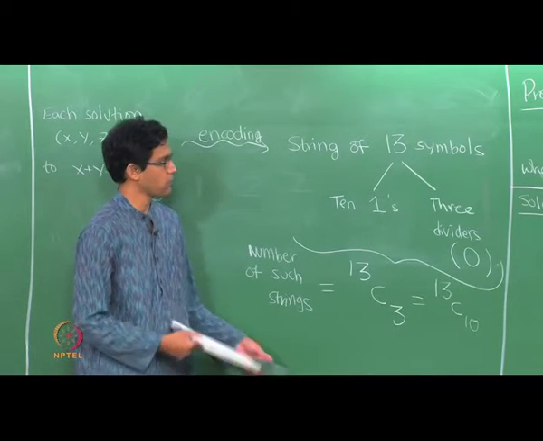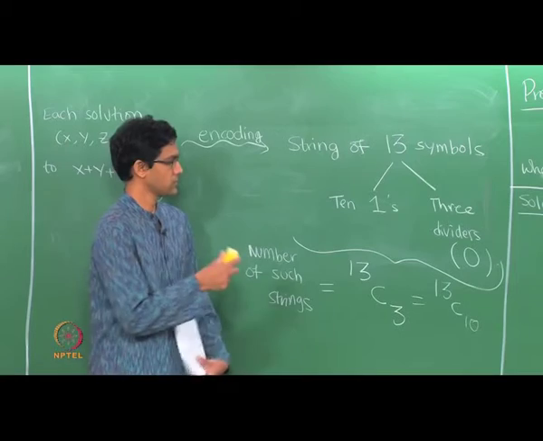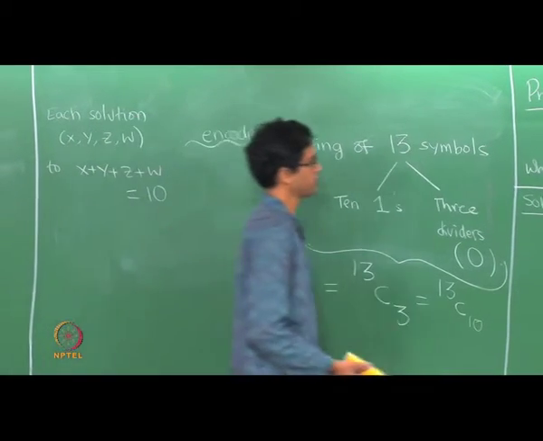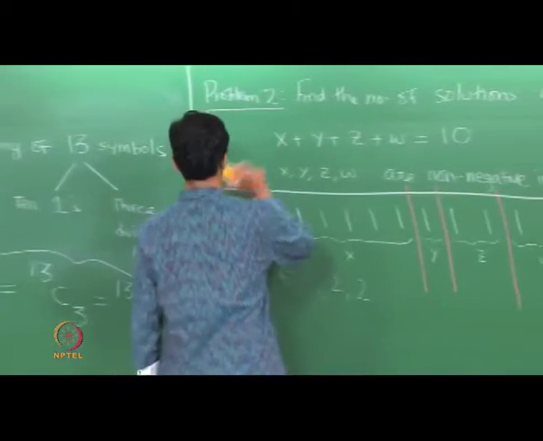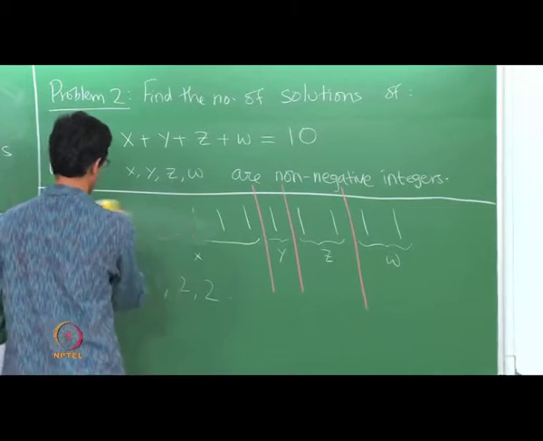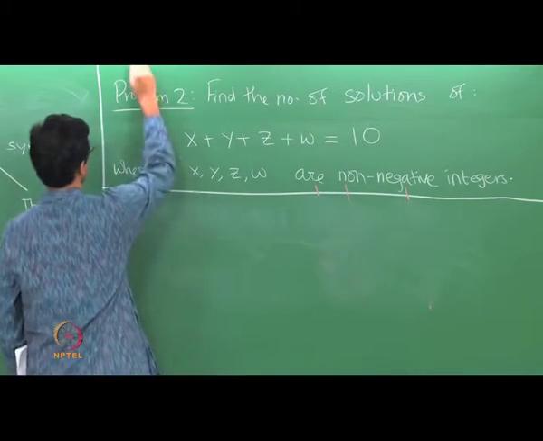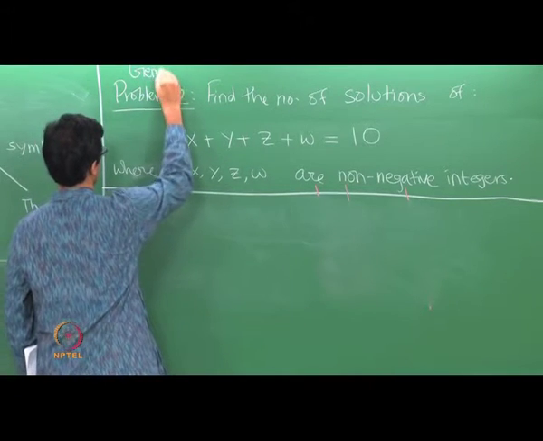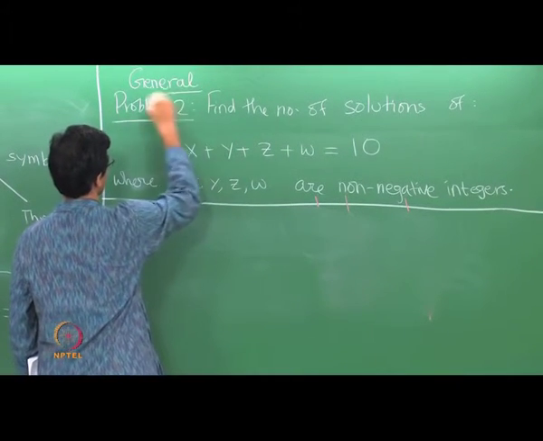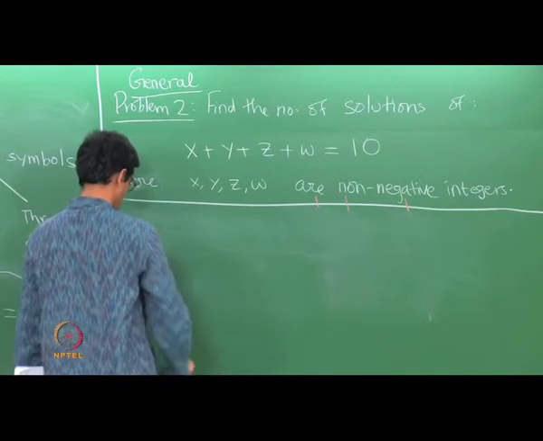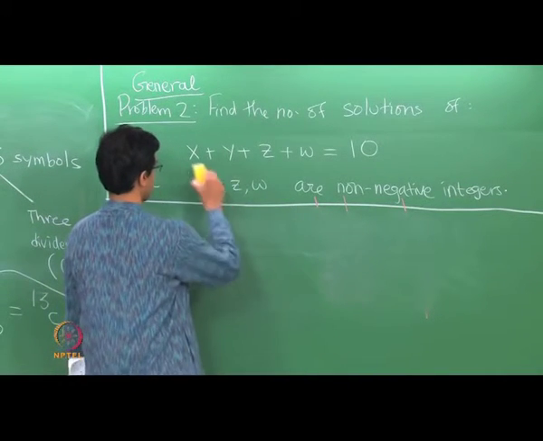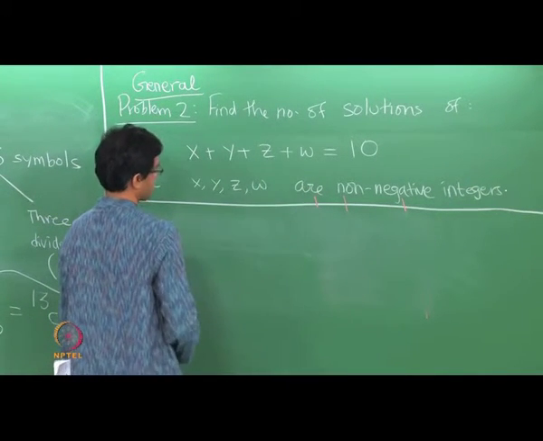Now of course it's clear what the general solution will look like. So let's write out a general version of problem 2. Find the number of solutions of, well, of what? Here I only have 4 variables, x, y, z and w.